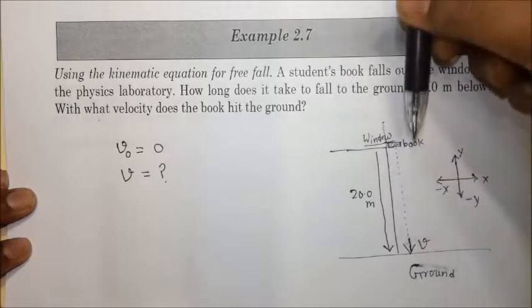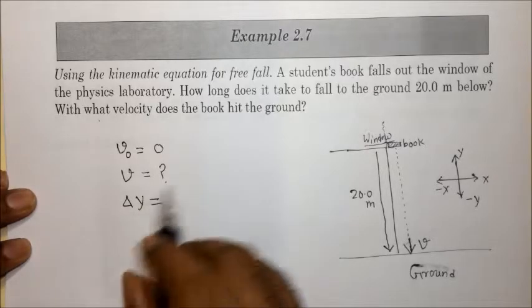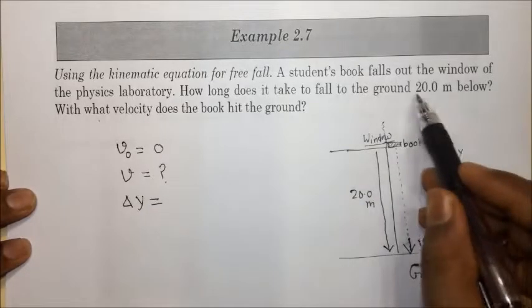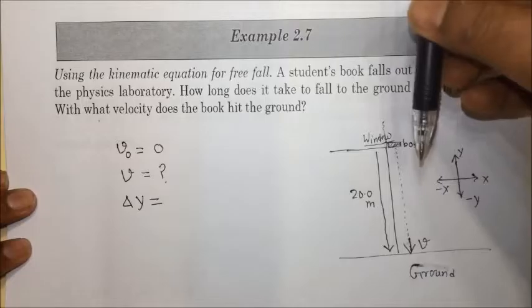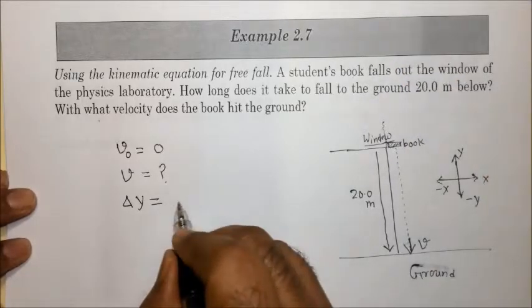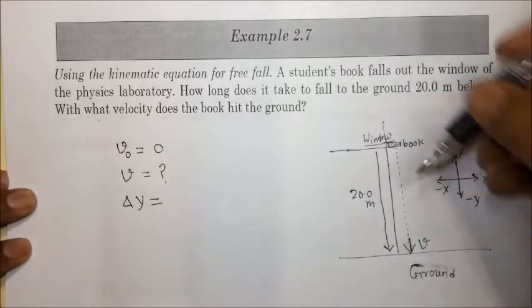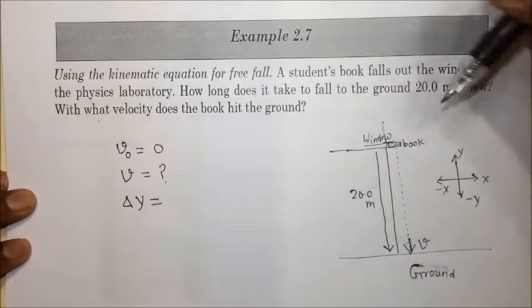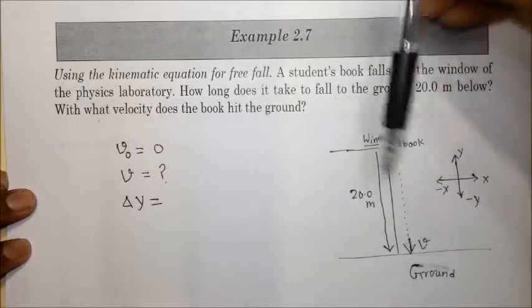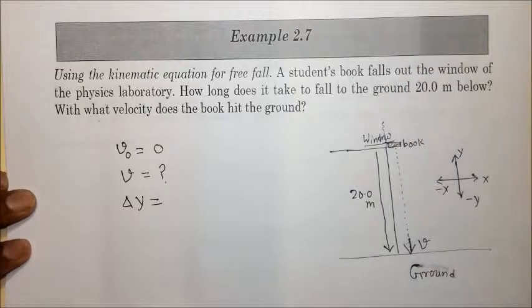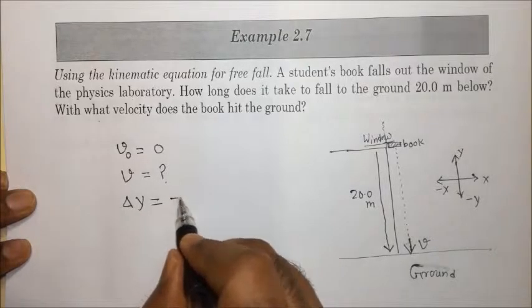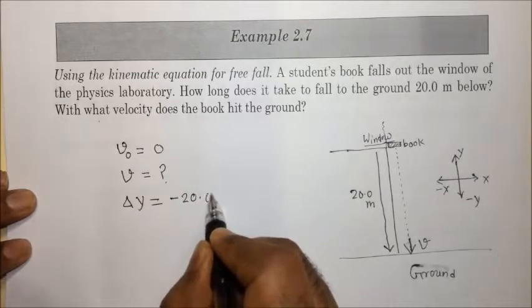It is moving towards minus y direction. So delta y is going to be, though it is written here plus, but you have to think and decide. Since it is moving in minus y direction, change in position is in minus y direction. So this is going to be minus 20.0 meter.